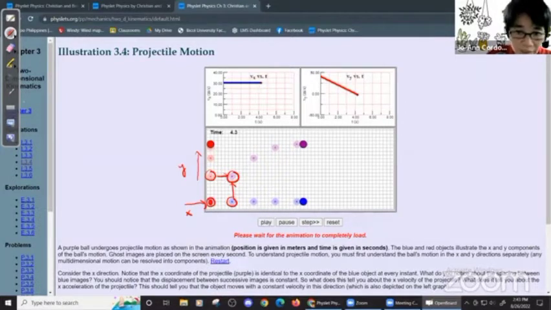So after another time interval, the x component of the motion is here, the y component of the motion is here. If you combine the two motions together, you actually have this one. And you do the same thing for each of these motions, and then you end up with your projectile actually moving something like this.